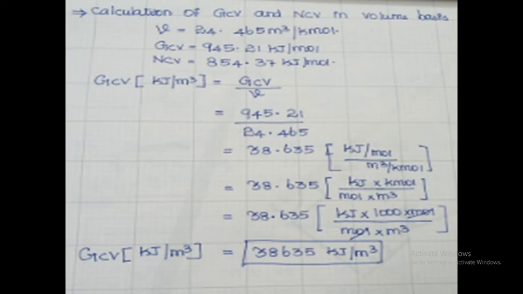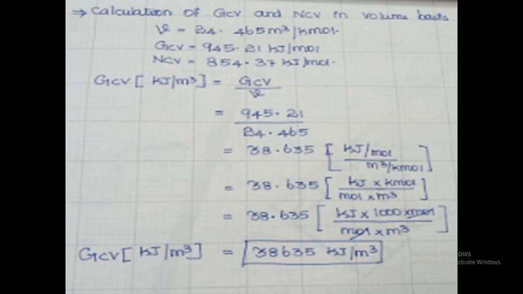Solid fuel, liquid fuel and gaseous fuel. For solid fuel, GCV and NCV values are expressed in kilojoule per kg. For liquid fuel, these values are expressed in kilojoule per mole, whereas for gaseous fuel, these values are expressed in kilojoule per metric cube. Are you clear or not?